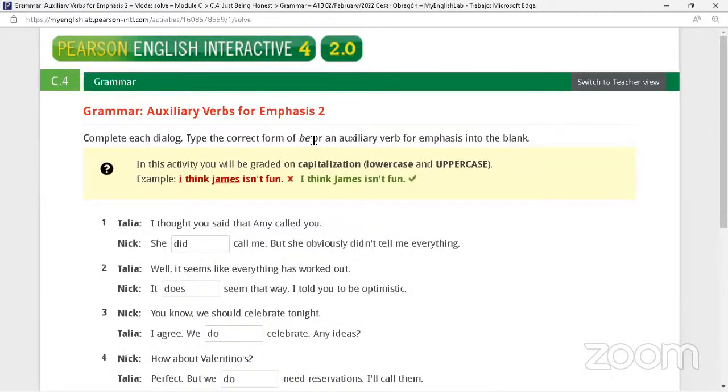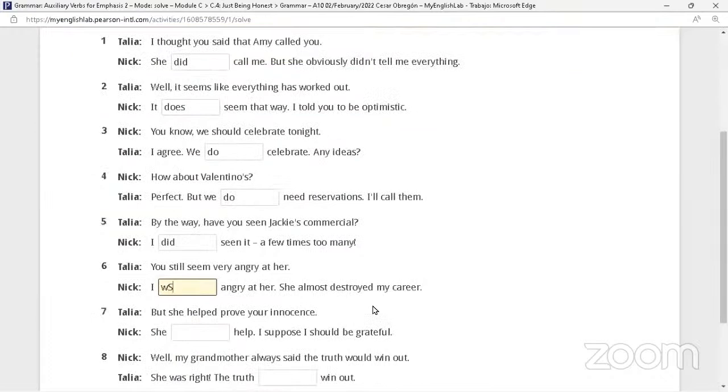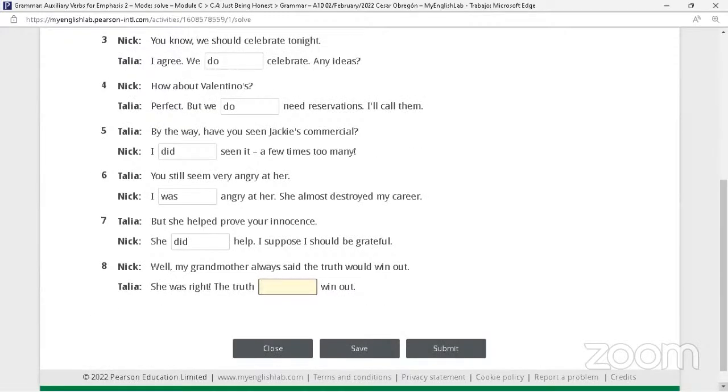Type the correct form of be or an auxiliary verb. I was. Okay. She did. Will.